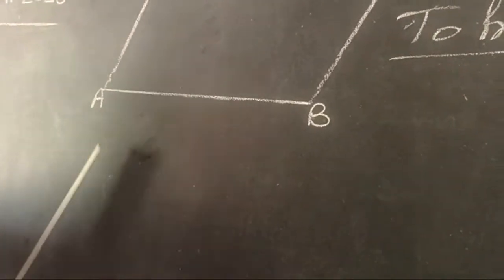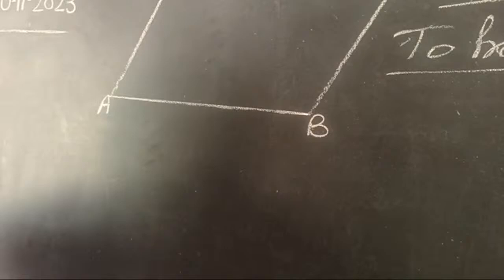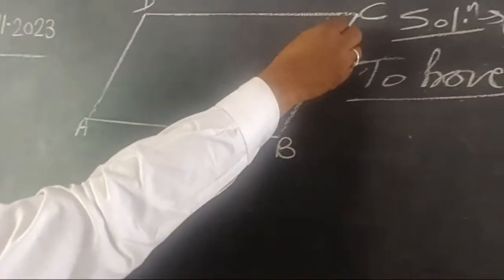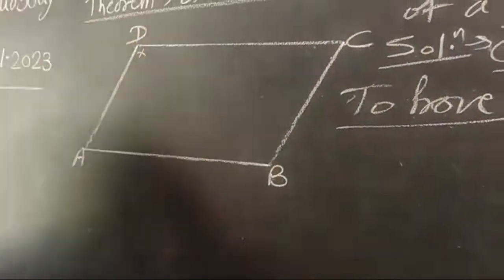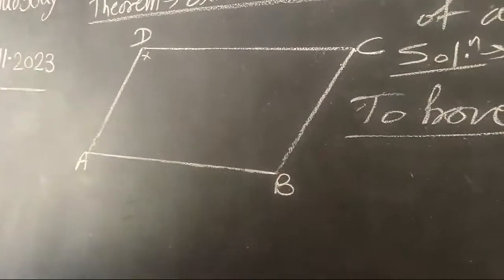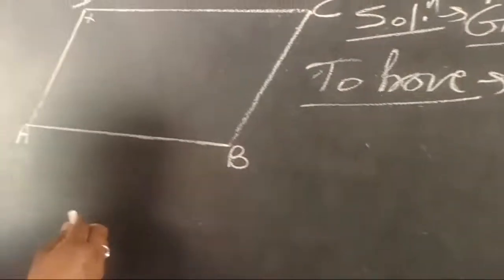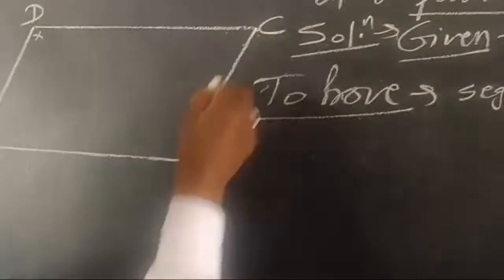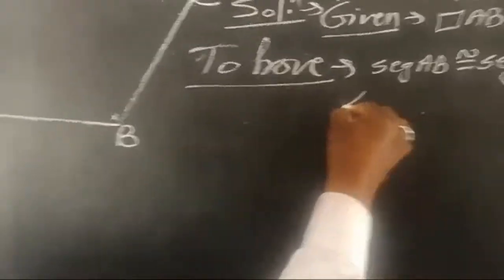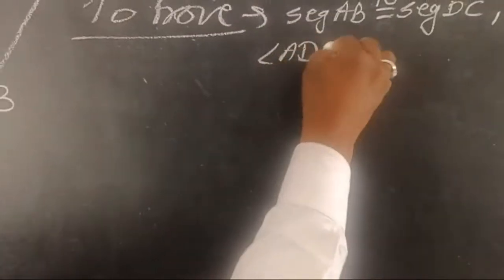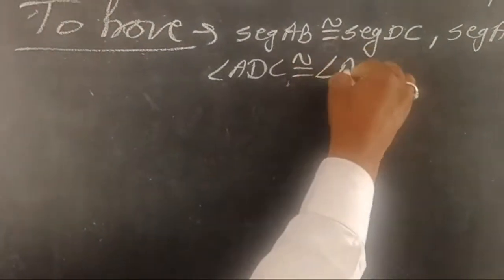Which are the opposite angles? Angle ADC, that is actually D angle, congruent angle ABC, that is B. Angle ADC congruent angle ABC.